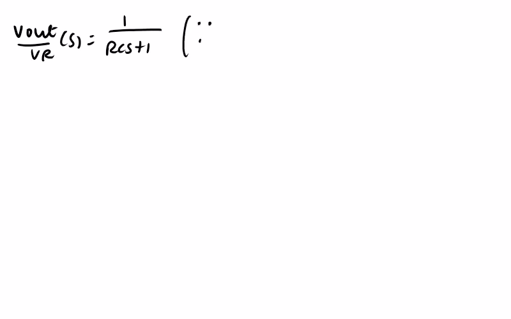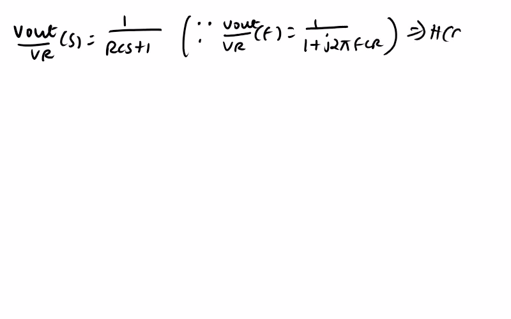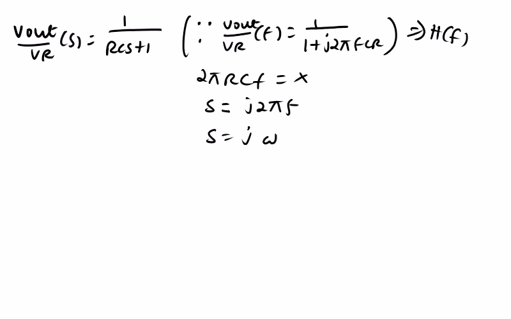Since Vout by VR of f is equal to 1 divided by (1 plus j2πfCR), that is equivalent to H(f). Let 2πRCf be equal to x, and S is equal to j2πf, that is jω.